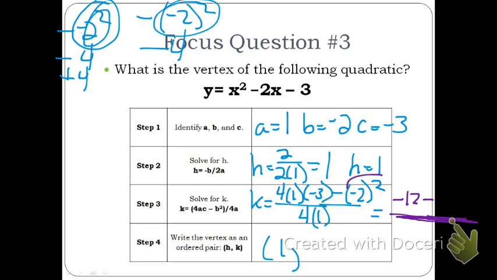Minus, you need to do your exponents first. -2 squared is equal to +4. 4 times 1 is 4. It's equal to -12 minus 4. Those are both negative, so I would have to add, but my answer is still negative. 16 all over 4, which then equals, when we reduce, -4. So this would be a -4.